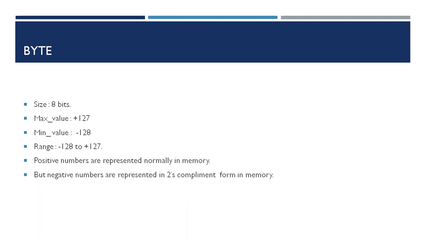But if the number is negative, then it is saved in 2's complement form. Remember it. Positive numbers are saved directly in binary format, and negative numbers are saved in 2's complement form. Okay friends, so let's discuss some valid statements for the byte data type.